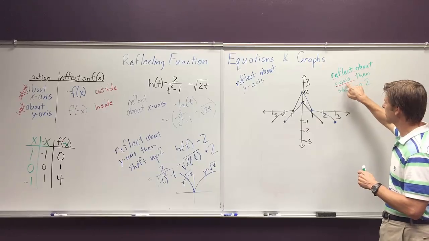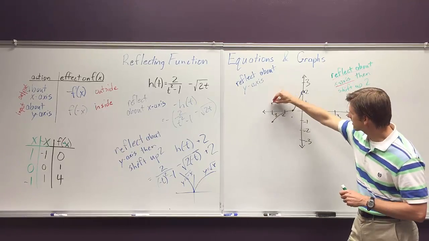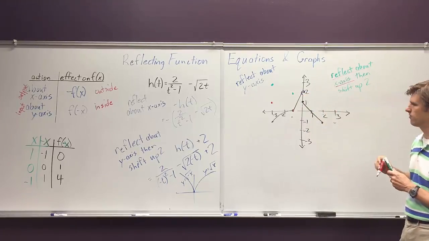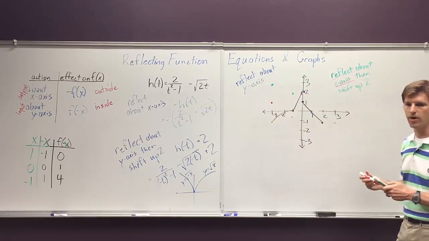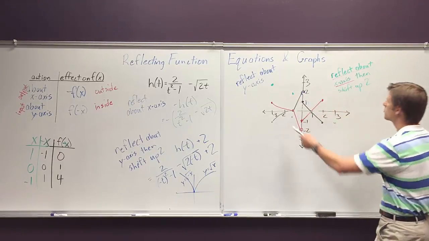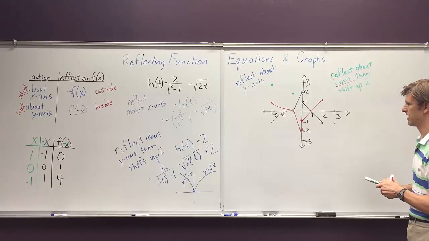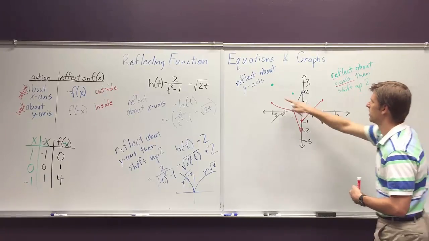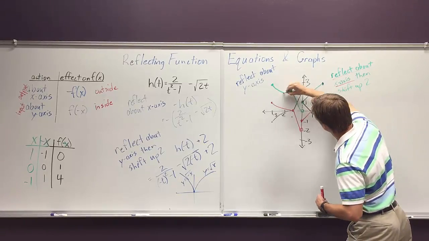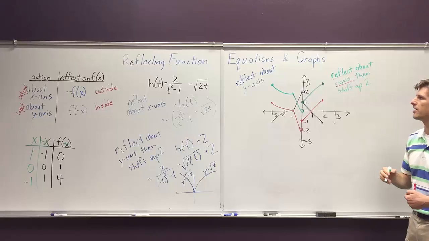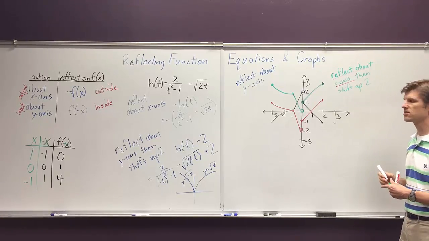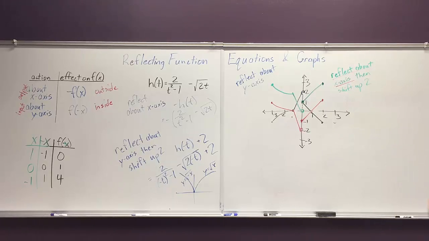Okay, reflect about the x-axis. That's what it looks like to reflect it around the x-axis. Now I'm going to shift it up by 2. So there you have it. The green line is the graph of the function reflected about the x-axis and shifted up by 2.